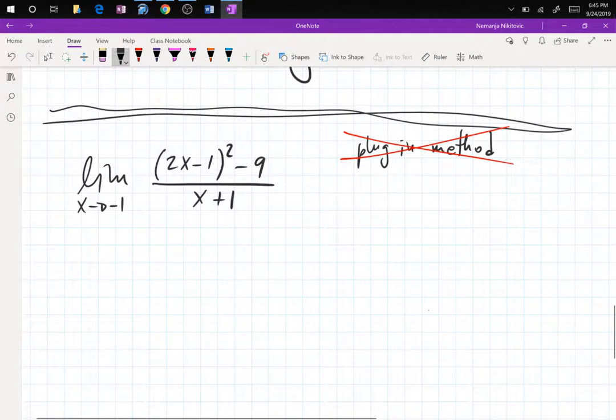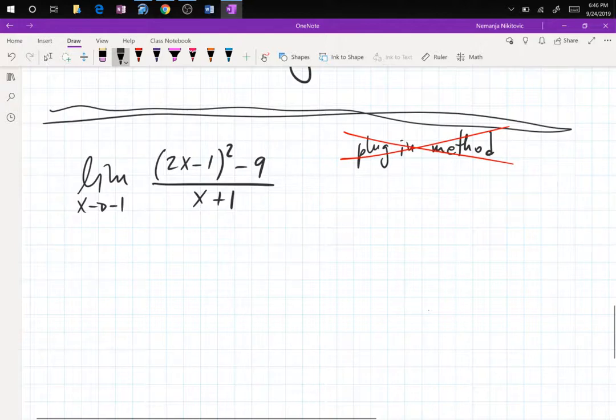It's polynomials, right? So maybe I get lucky if I FOIL this, and then square it and subtract 9, maybe we would be able to factor it differently than what it's factored as right now.